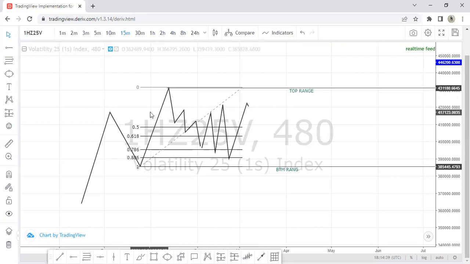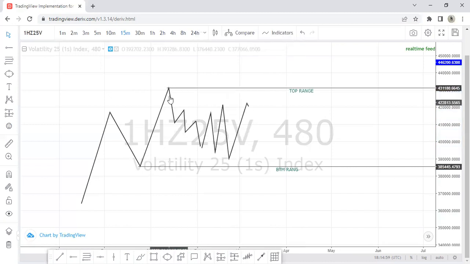And where are you looking for your buys? In your discounts, not your premium. Follow me. So now the market trades down into this area. Then once it's below the 50%, you now look for your buy opportunities. Remember, you're not looking for sells. So look at this. Now let us just mark that 50 level.